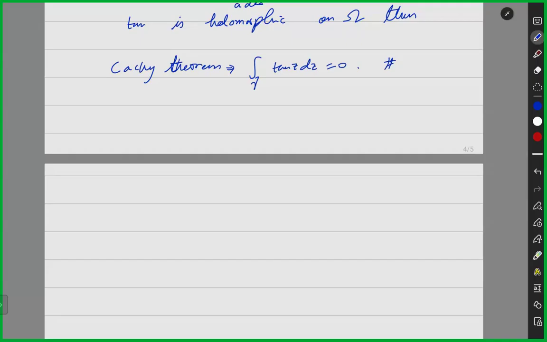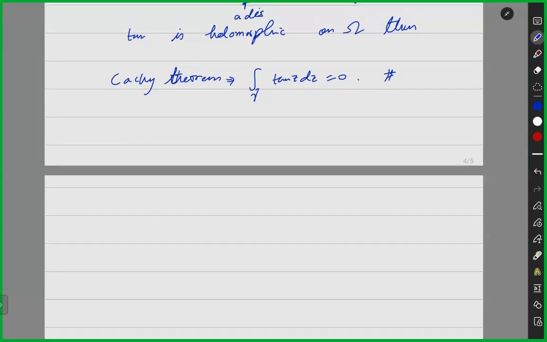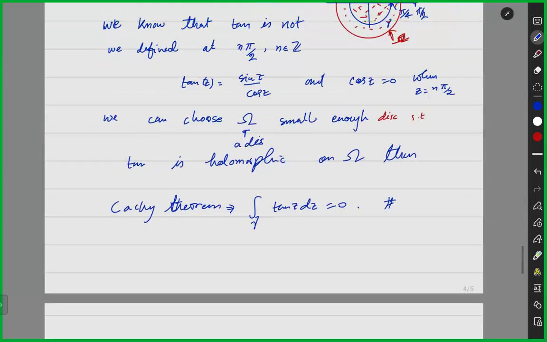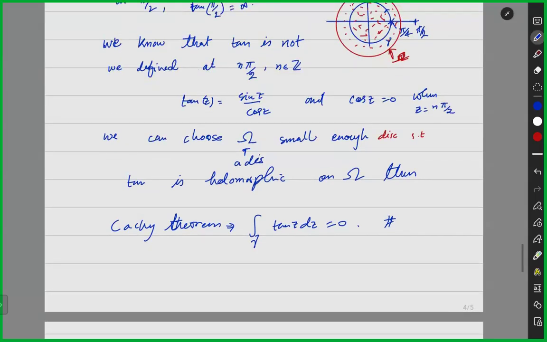I'm doing this NPTEL for my working profession. I'm basically a mathematics teacher. Okay, so you are understanding what we are discussing, right? Yes, yes. Okay, fine. So let's continue with our discussion.